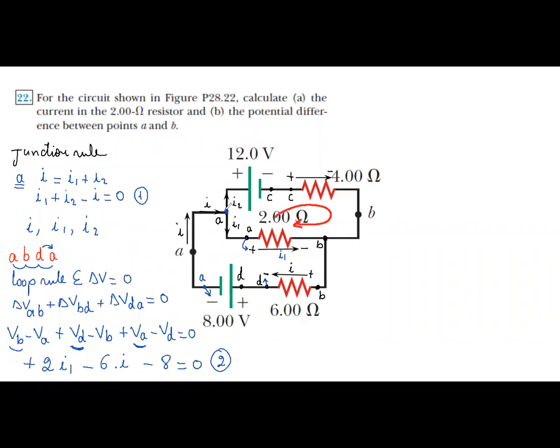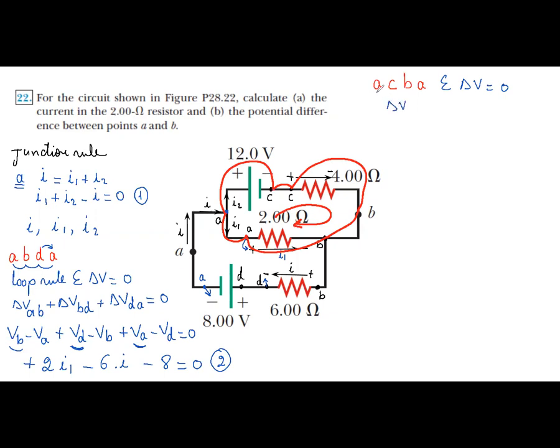We start at A, we go A to C, C to B, and B to A. So we take the loop A, C, B, A. The summation of delta V equals 0.